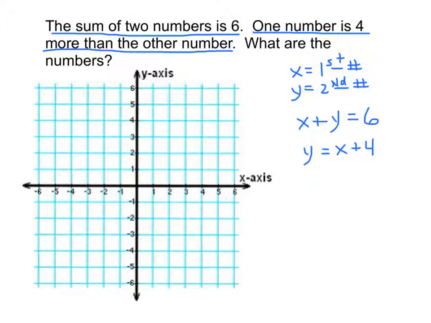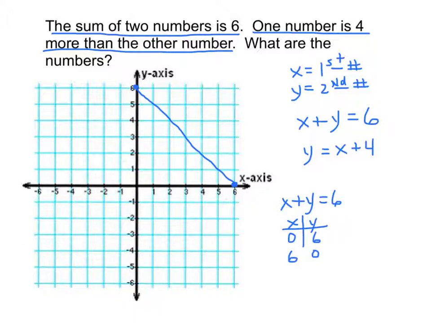But I want to graph this one just for one moment, just to show you one thing. If I'm going to graph x plus y is equal to 6, I'm just going to set up a table of values. If x is 0, y is 6. If y is 0, x is 6. So I'm going to put those points on my graph, and I'm going to graph that line.